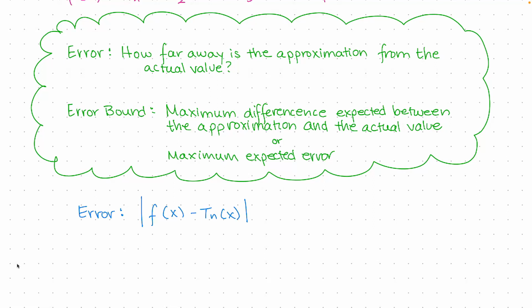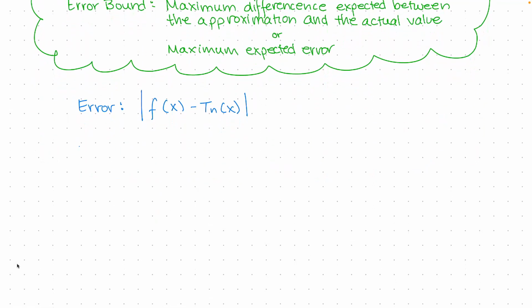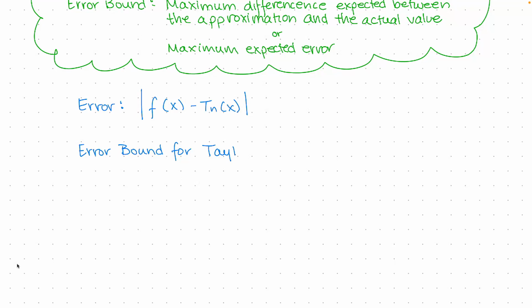Error bound, though, that formula is a little more fun. The formula for error bound is this. And actually, I'll specify that this is the error bound for Taylor polynomials. We're going to look at error bounds for a couple of different things throughout this semester. So the error bound for Taylor polynomials is this.